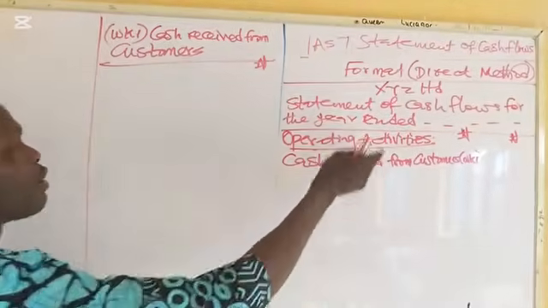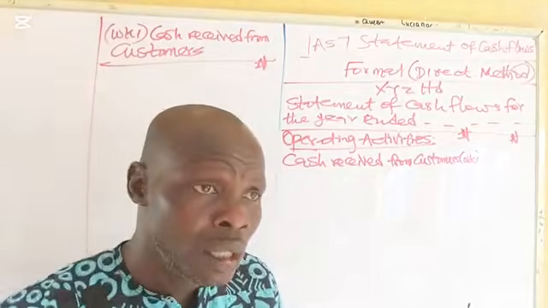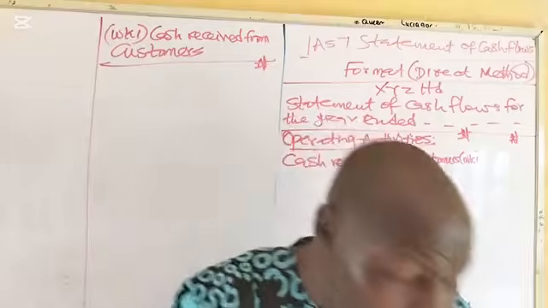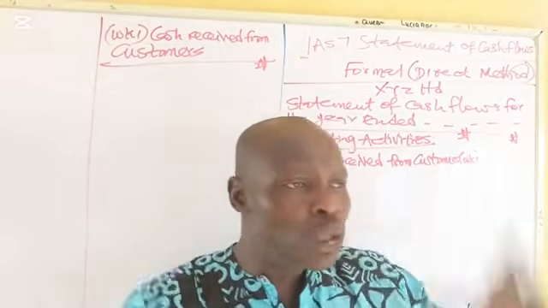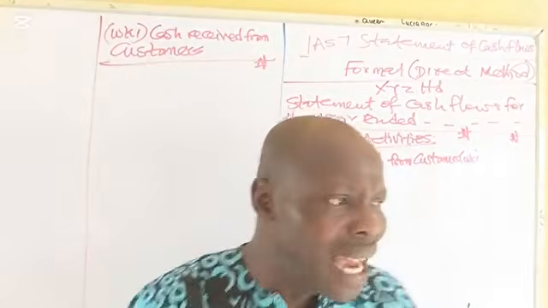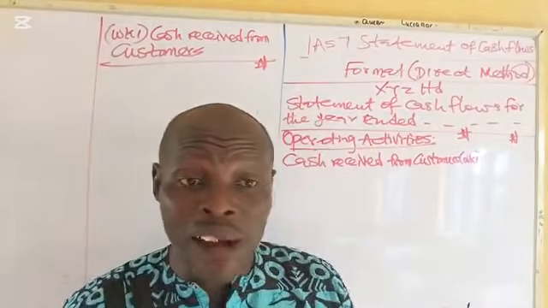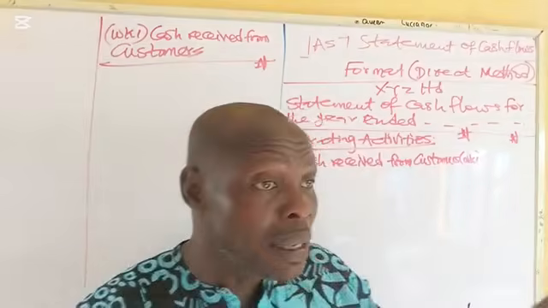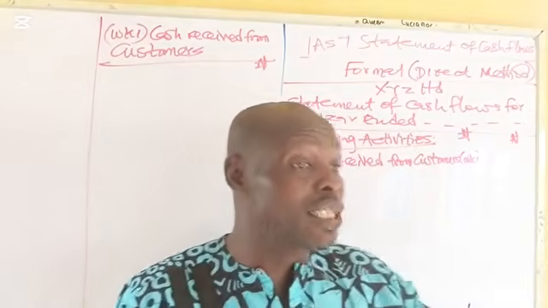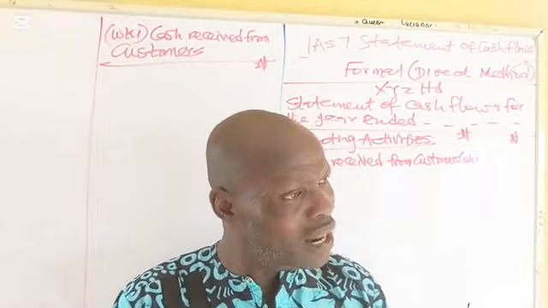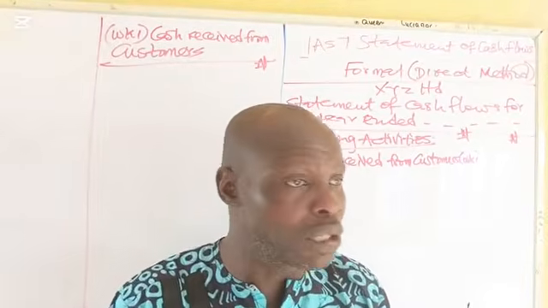So, cash received from customers will not be given. There are a number of items that have to do with customers that will be obtained from the financial statements. In your statement of financial position, you will see receivables there. What is the meaning of receivables you have in the statement of financial position?